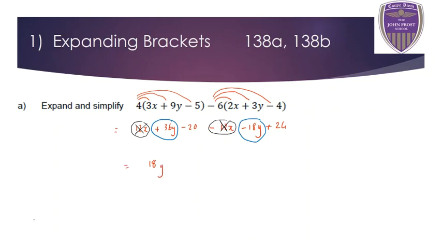And finally, if I have a look at the integer value terms, I've got minus 20 add 24. So minus 20 add 24 gives me positive 4. So my final solution is going to be 18y plus 4.